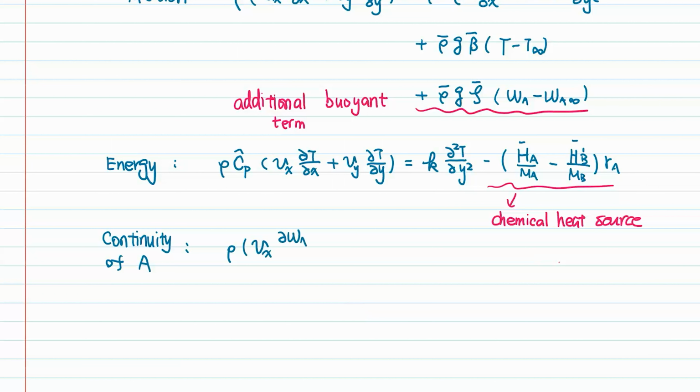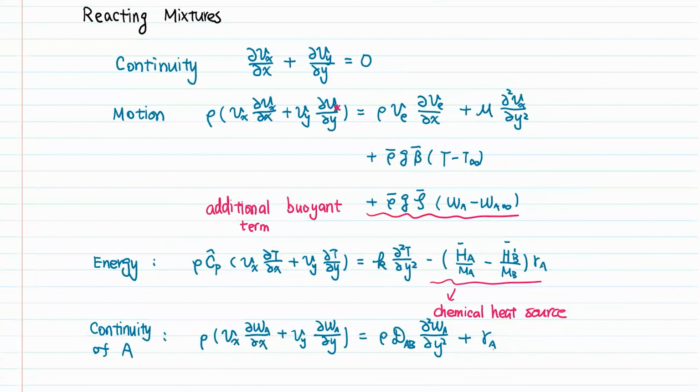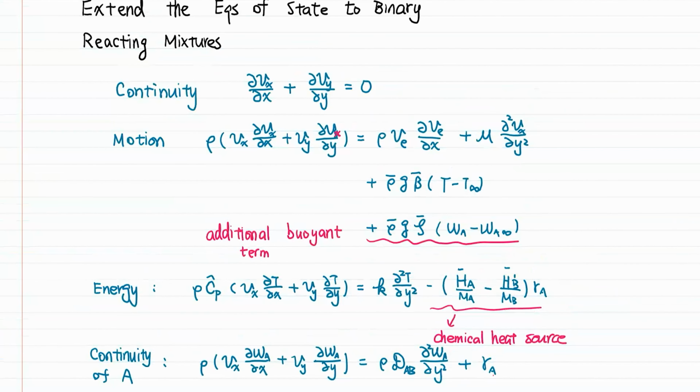So Vx partial W sub A partial x plus Vy times partial W sub A partial y. And that equals to rho times the diffusion coefficient times the Laplacian of the mass fraction of A over y squared plus the reaction part. Okay, so these are the equations of change for binary reacting mixture.